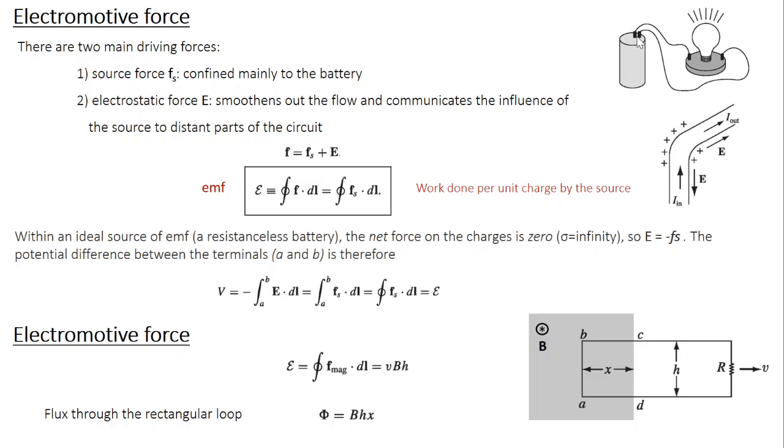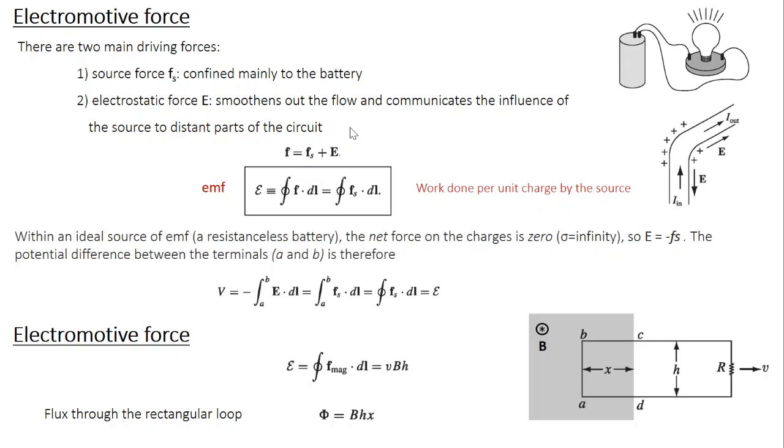The battery provides an initial push, Fs, and this push is communicated from one charge to the other through the electrostatic force. So each electron carries forward this push, and since you have an infinite number of electrons throughout the circuit, this happens quite instantaneously, and within no time the information from the source reaches the bulb.